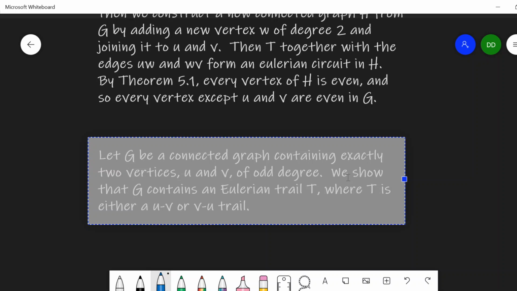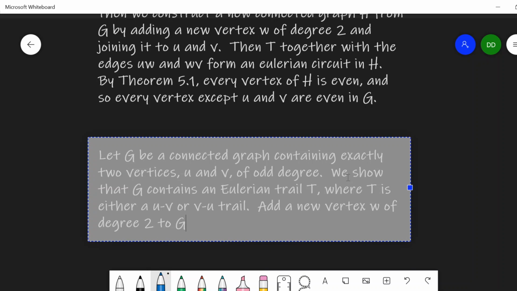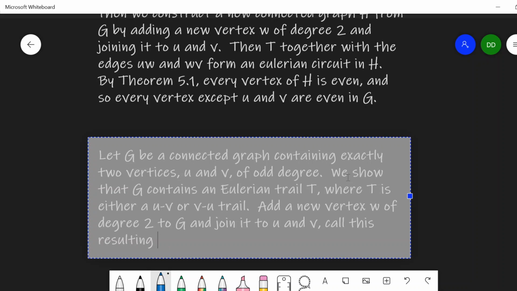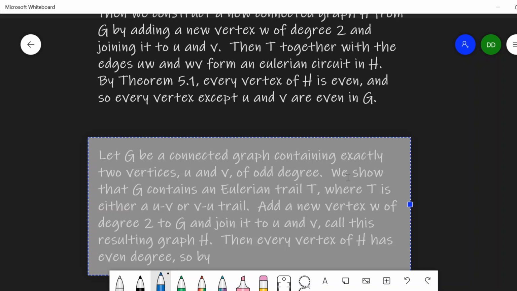So we do the same construction. Add a new vertex W of degree 2 to G and join it to U and V. Call this resulting graph H. Then every vertex of H has even degree.